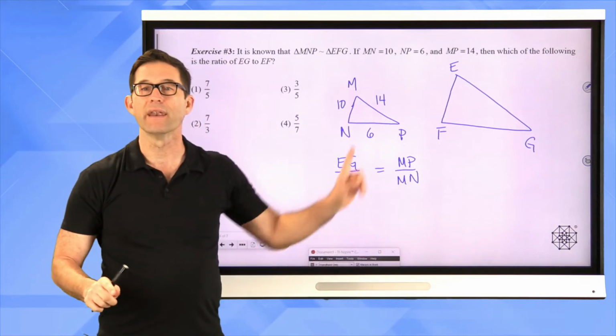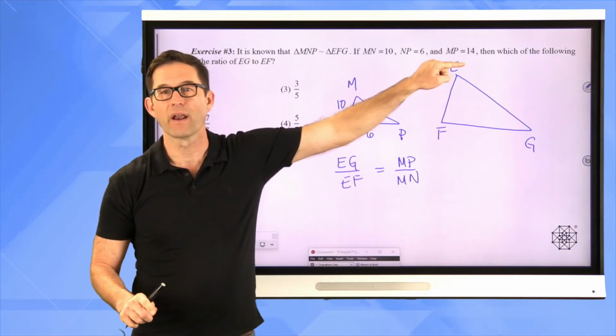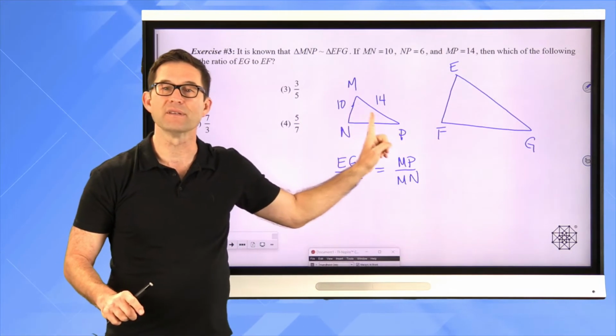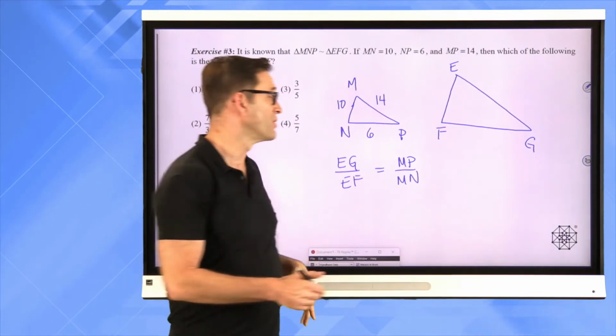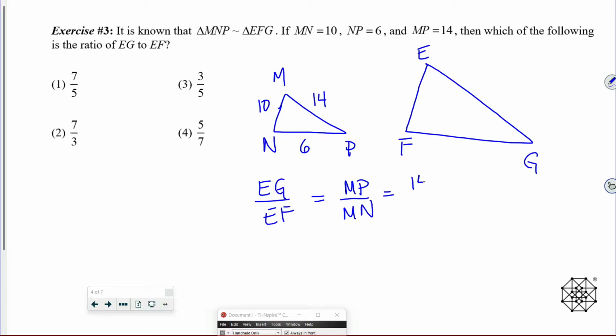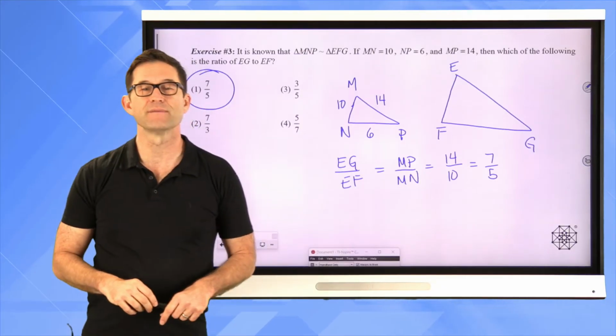So again, EG divided by EF is going to be the same as MP divided by MN, in which case MP divided by MN is 14/10. I can divide both of those by 2, and I find that that must be equal to 7/5.